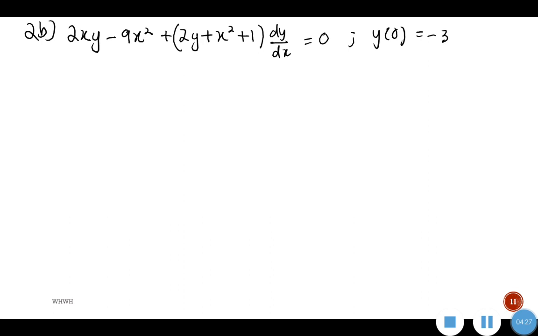Okay, so for this question, soalan 3A tadi, saya tak buat dah exactness test because we have done that exactness test in example 2. But for this example 3B, we haven't checked yet whether this equation is exact or not.